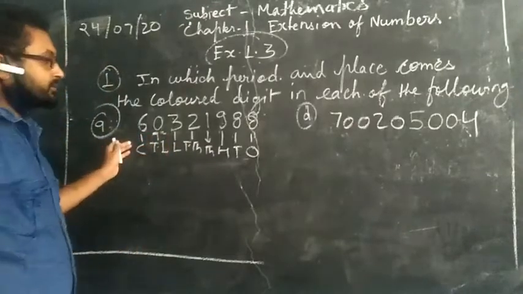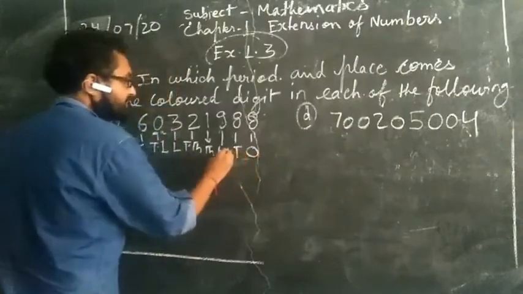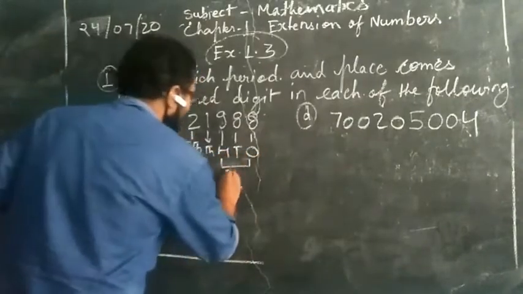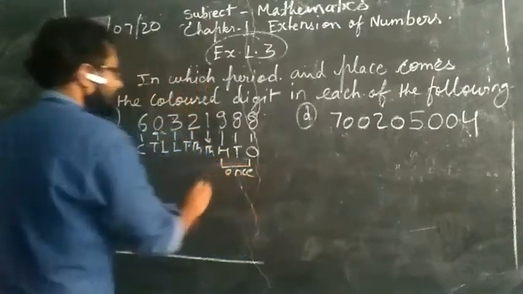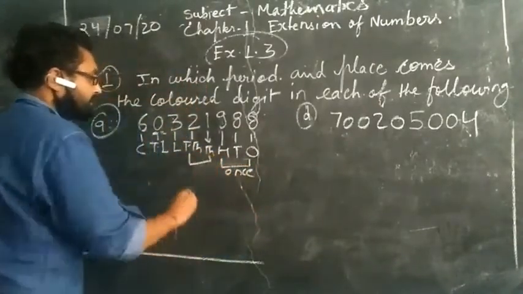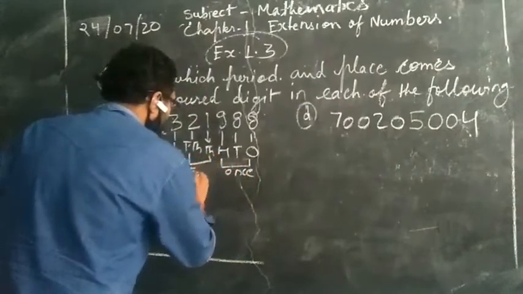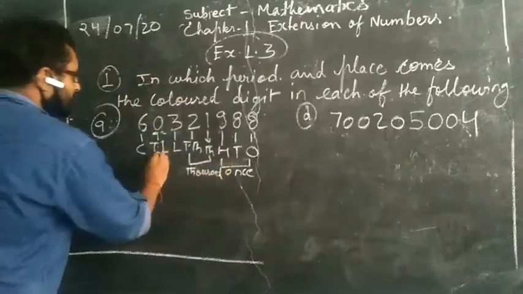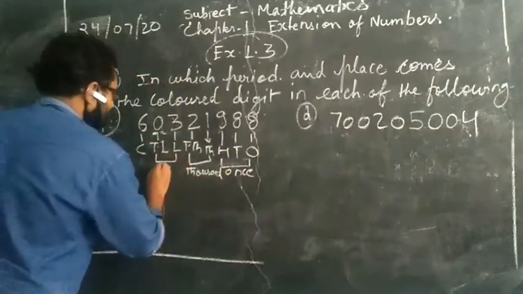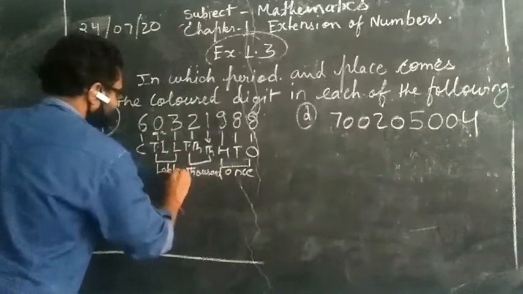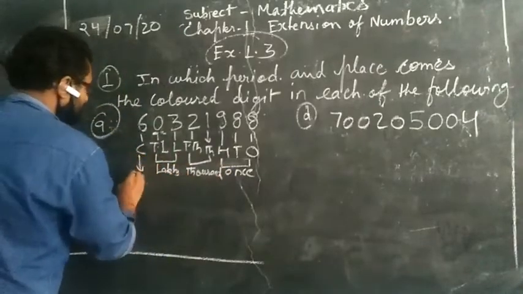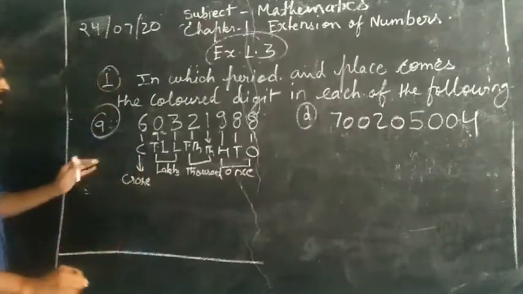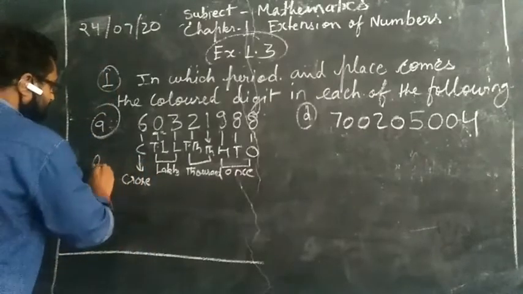According to period, ones, tens and hundred come in the ones period, thousand and 10,000 come in the thousand period. Lakh and 10 lakh come in the lakh period, and crore comes in the crore period. These are the periods.